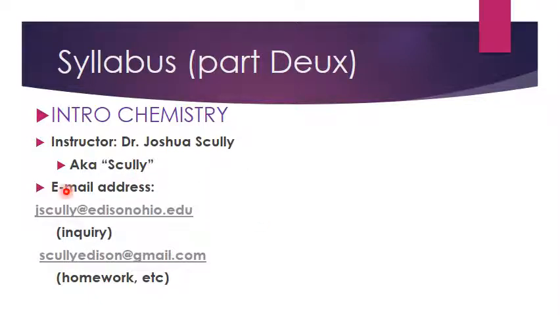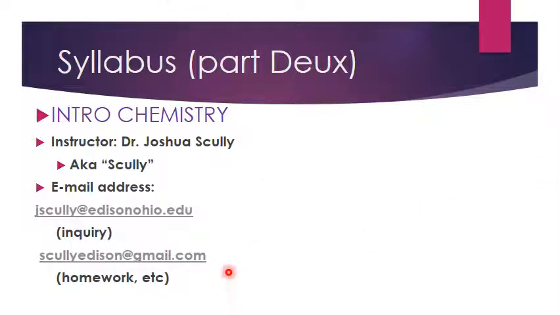All right. So I have two email addresses. I have my Edison email address, jscully@edisonohio.edu, and then I have another one, scullyedison@gmail.com. Now, the reason I have these two different emails is because my Edison account really can't handle all the emails that I get from students that I'm teaching online.